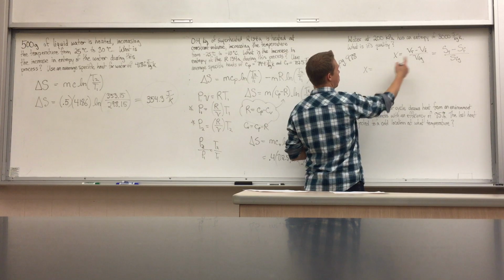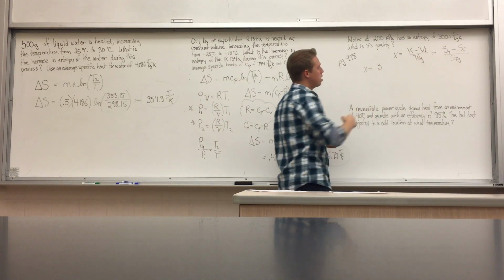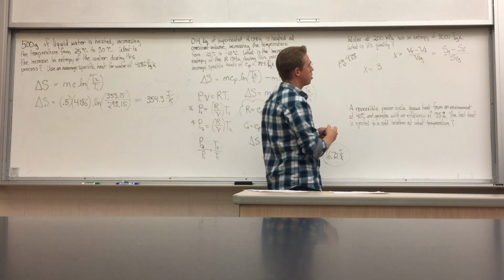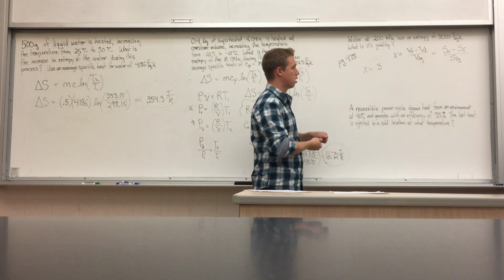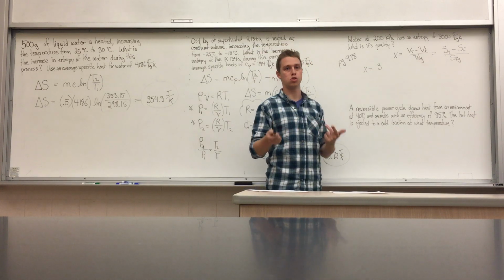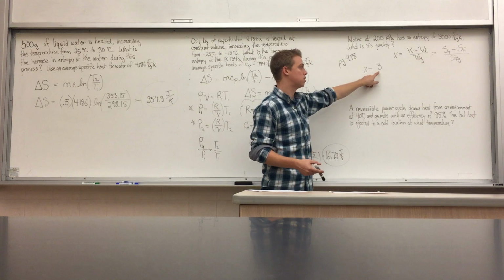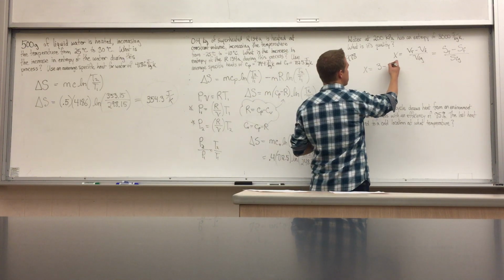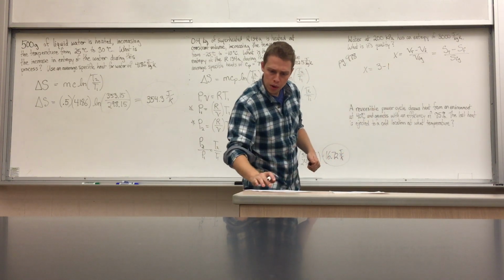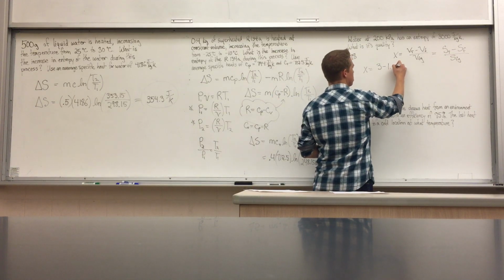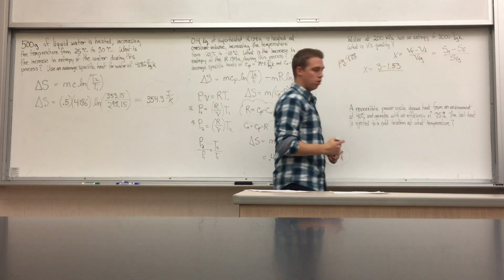ST is what we're given, which is 3,000 joules per kilogram Kelvin, but in the table it's kilojoules per kilogram Kelvin, so it's just 3. SF is about 1.53. This is read straight out of the table.